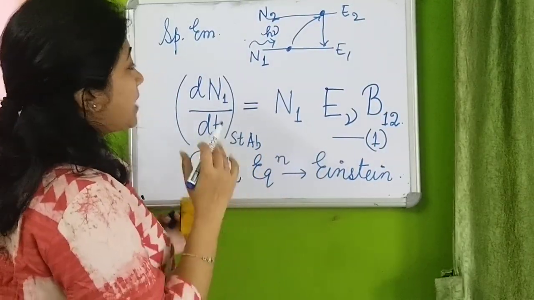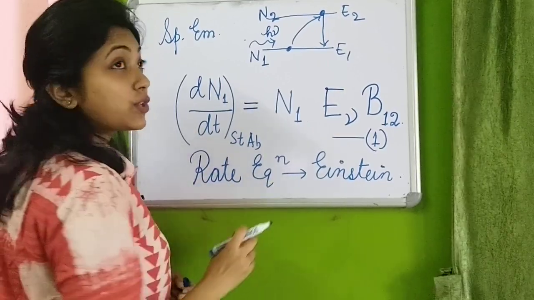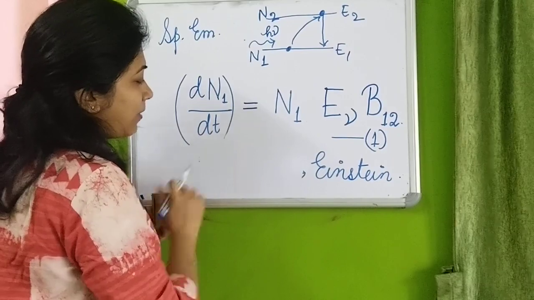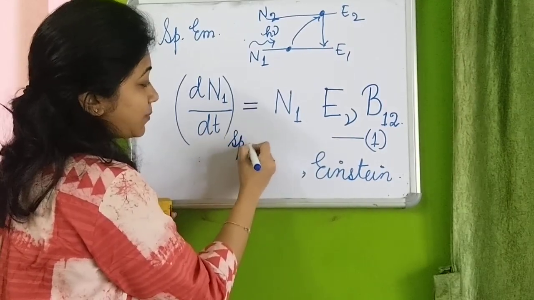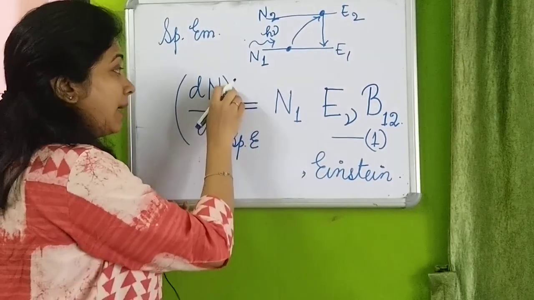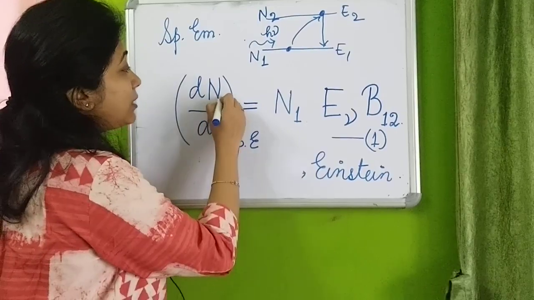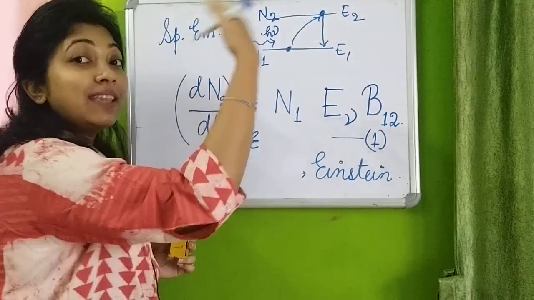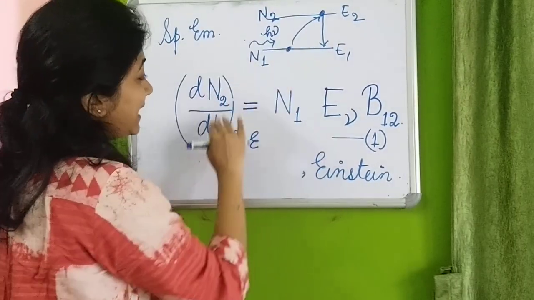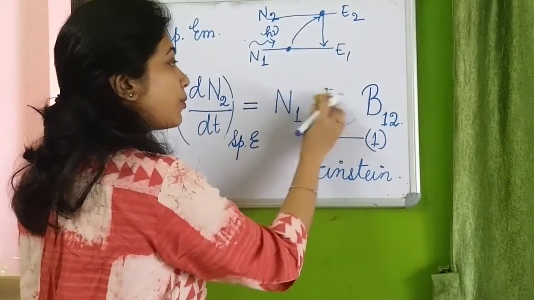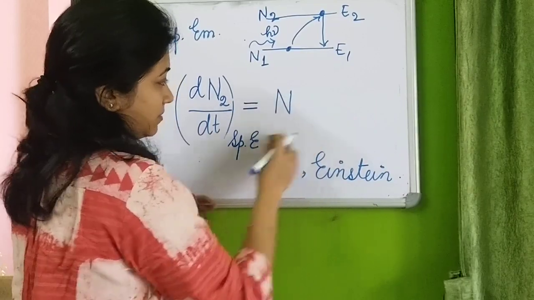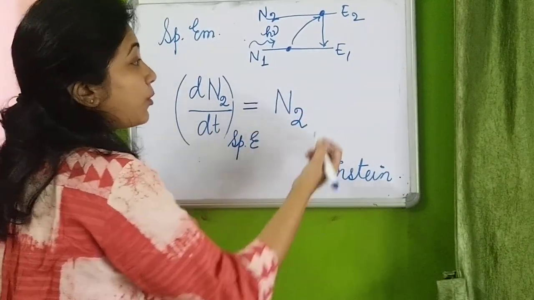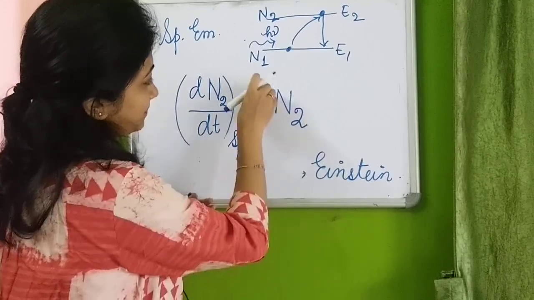So as per Einstein, the rate equation for spontaneous emission is dN2/dt. Why dN2? Because now the population is in the higher energy level. So dN2/dt, he said, was obviously proportional to N2.